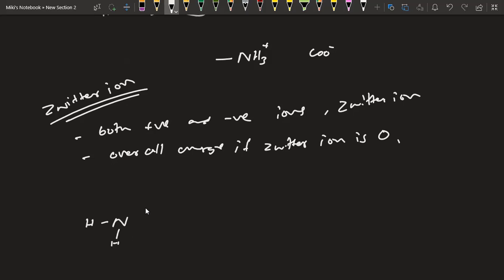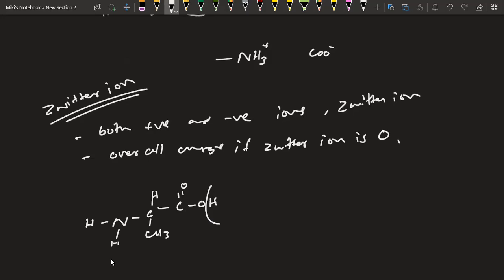Okay. Now let's say we have an example. Let's say we initially took the simple alanine. So this is our structure. What will happen is this carboxylic acid will donate a hydrogen.